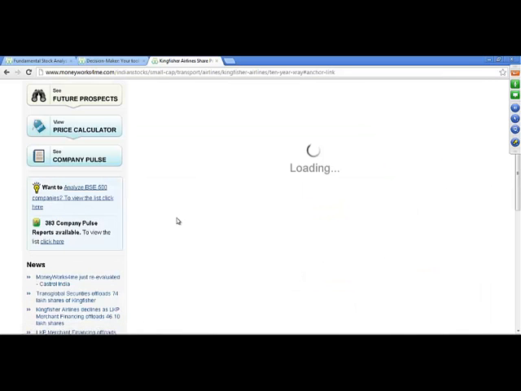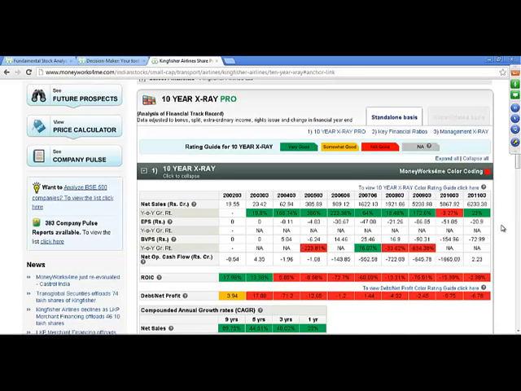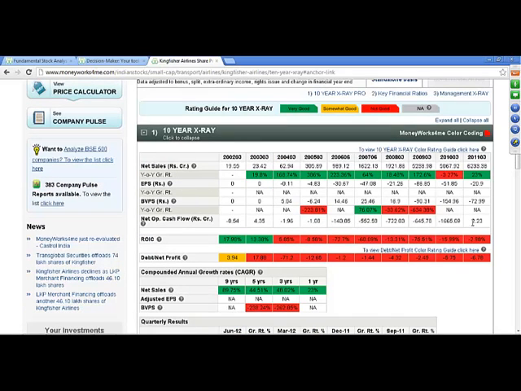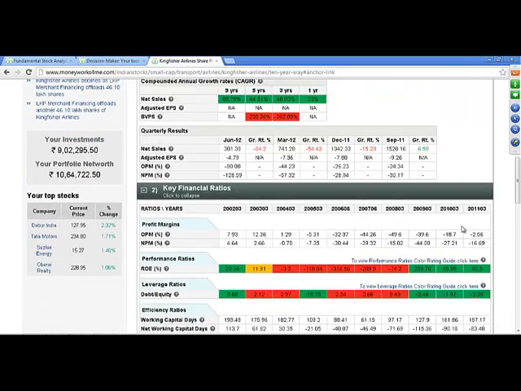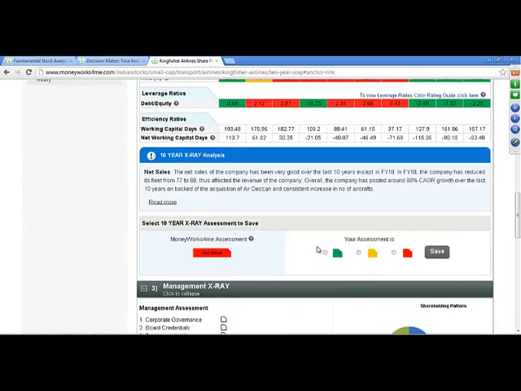One small point that I forgot to mention: once you have checked the 10-year X-ray Pro color coding, what I would request you to do is to save your assessment. Once you scroll down, you will see the Moneyworks assessment, which we have given as not good, or red, for Kingfisher. You can save your own assessment.